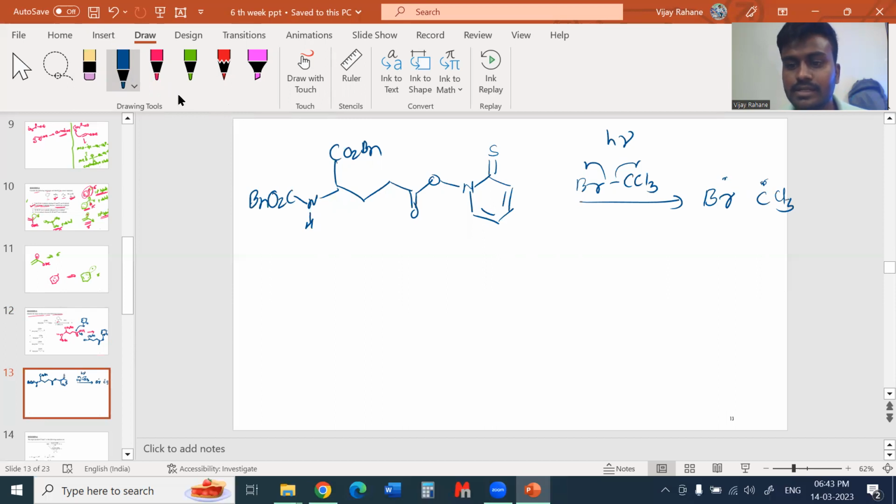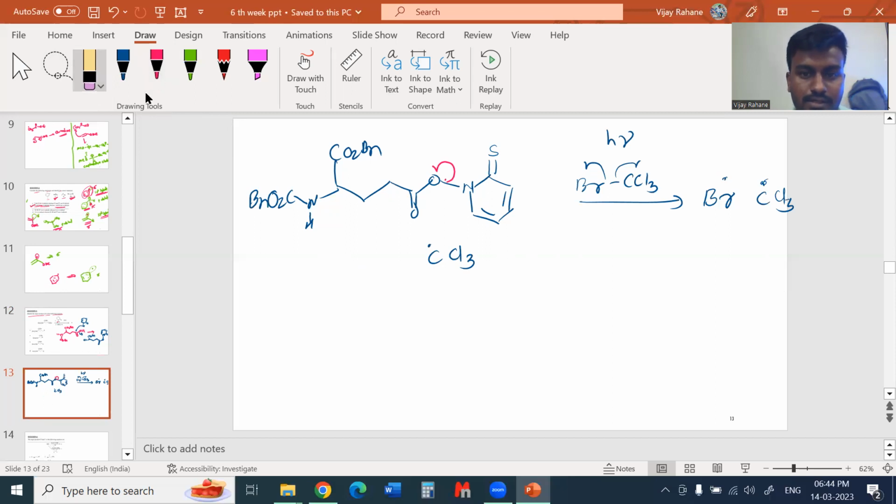So these two radicals are getting formed, and this Br radical now stays in the reaction, and if you see here this CCl3 radical, what happened here? This decarbonylation happened. So here, if you see the reaction mechanism, this goes to here.